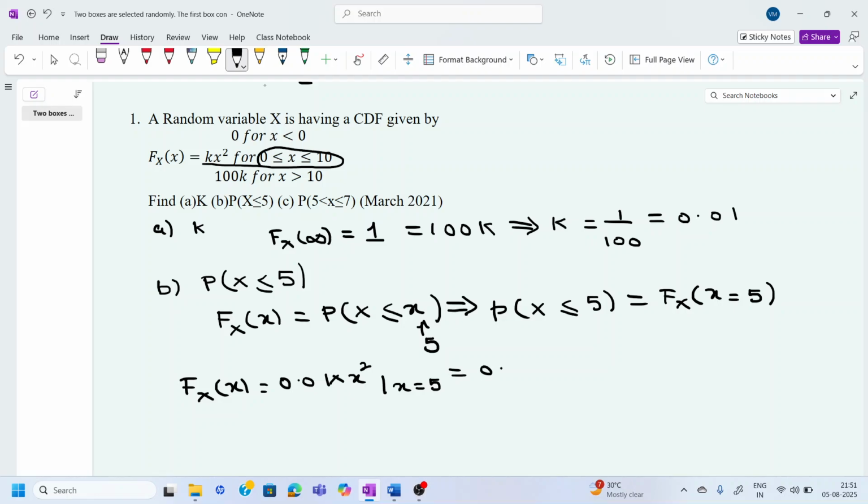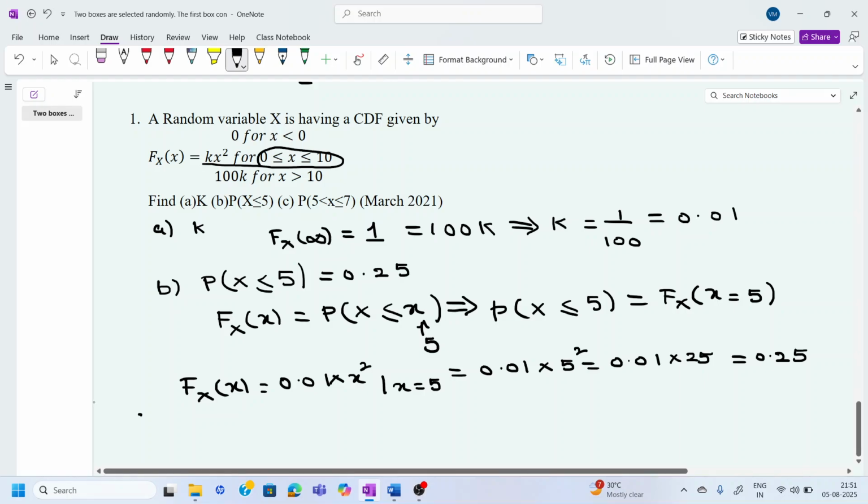Substituting, it is 0.01 into 5 square. 5 square means 25, so 0.01 into 25 is simply 0.25. So the probability of x less than or equal to 5 is 0.25.